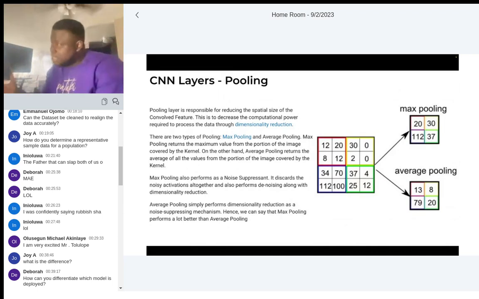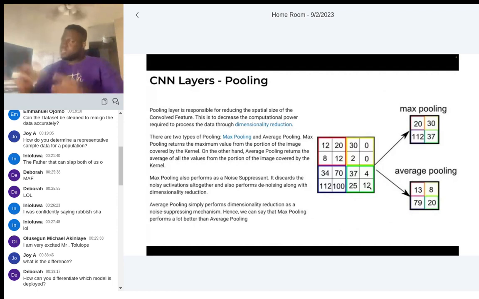Maybe 12 is the generalized version of it, no problem. Like this one, this is just 8, instead of 30 being there, 0 is there. This one, it will pick 79. I think this is the most generalized version of it. Sorry to pick 20 when something close to 40 is there, 37. So you can see these are the two.